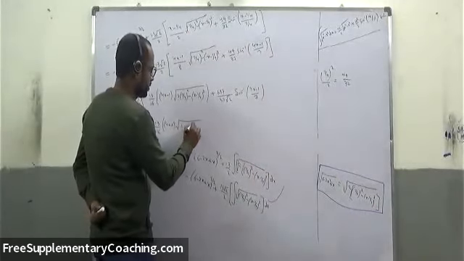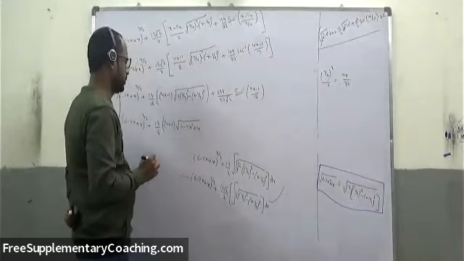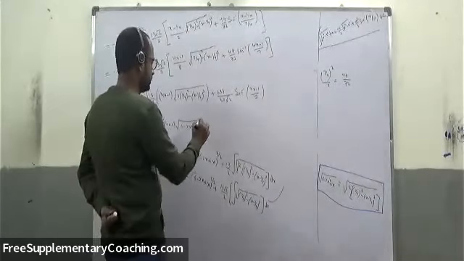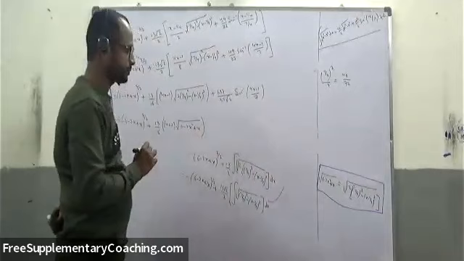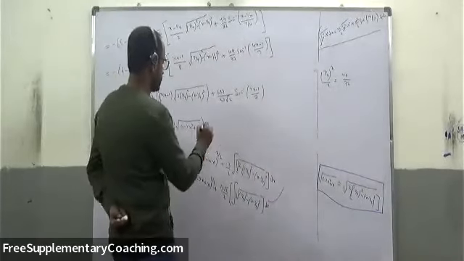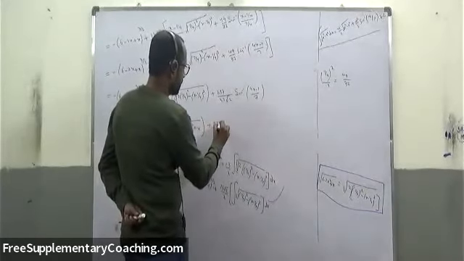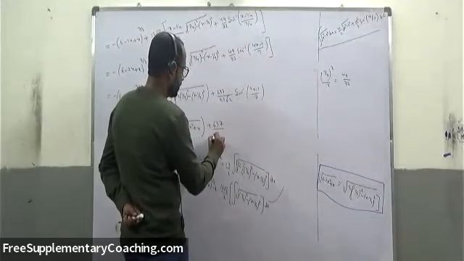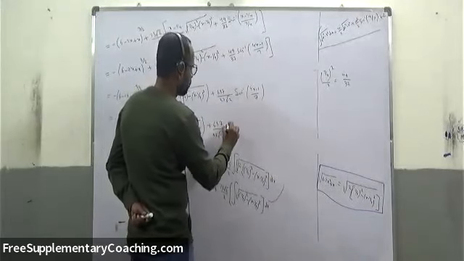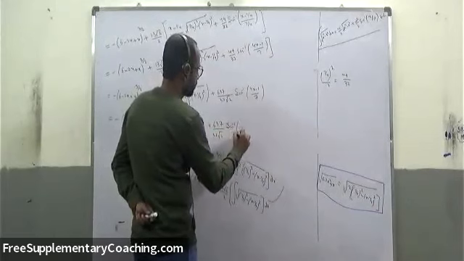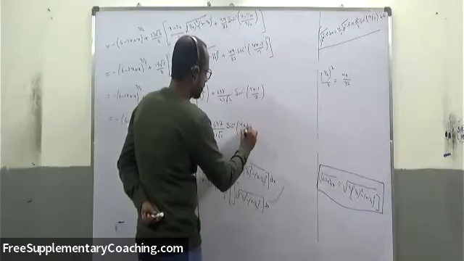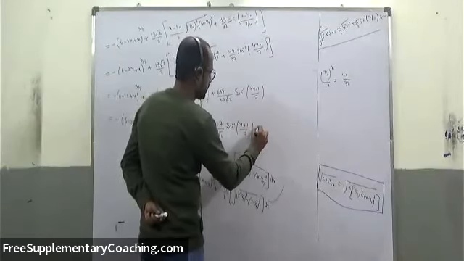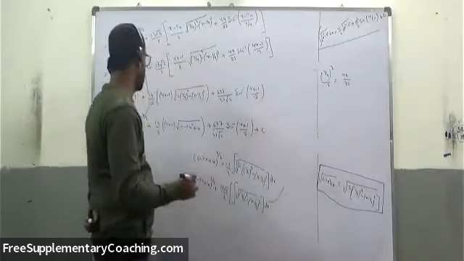Now plus 637 by 32 root 2 sine inverse of 4x minus 1 by 7 plus c.